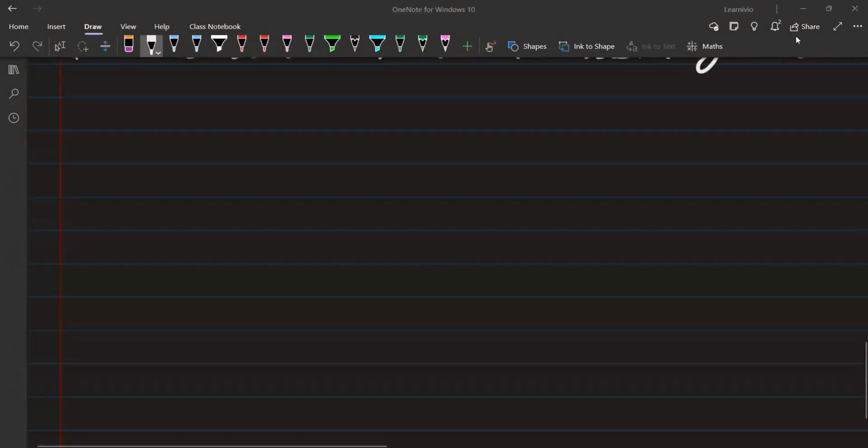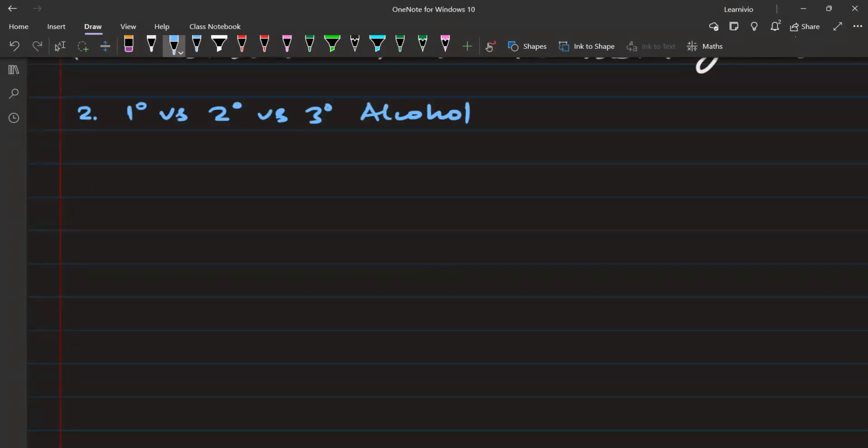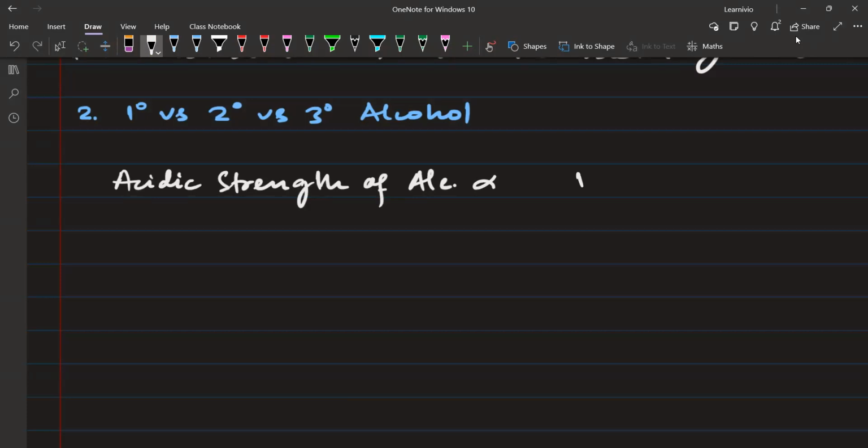The second thing we have to discuss is going to be much easier for you guys. We have to discuss primary alcohol versus secondary alcohol versus tertiary alcohols. Now, we have just seen that the acidic strength of alcohol is inversely proportional to the plus I group.